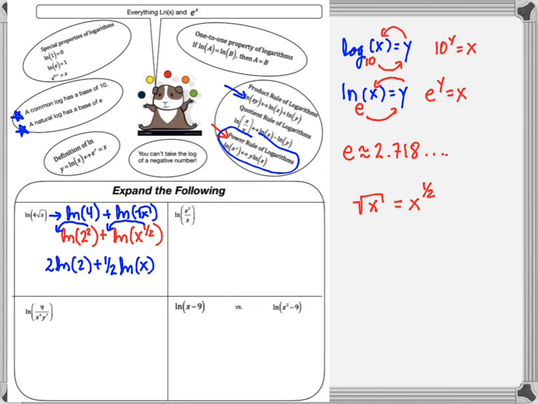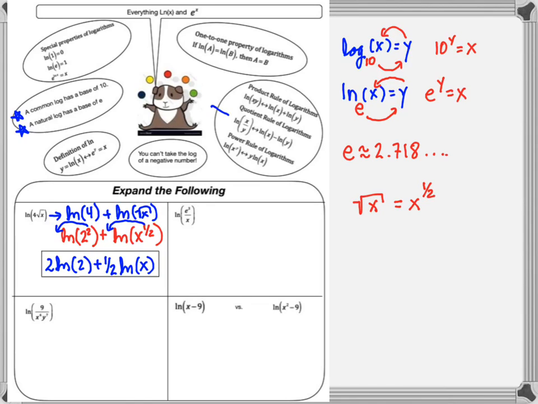And this is going to be our most expanded form. Okay, after you do a quick check, is there any other properties that I can apply? If it's no, then you know that you are in good shape and the log is fully expanded.